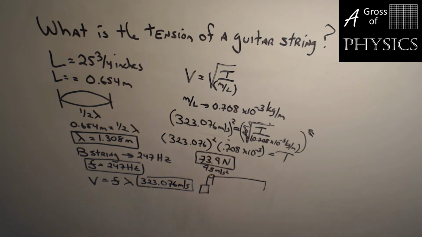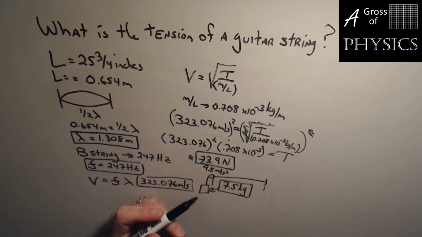So 73.9 divided by 9.8, and I get 7.5 kilograms. If I hang a mass of 7.5 kilograms and I have the same distance as my guitar, I'm going to end up with the B note. So the tension needs to be 73 newtons, which is about the equivalent of 7.5 kilograms hanging from the end of the string.